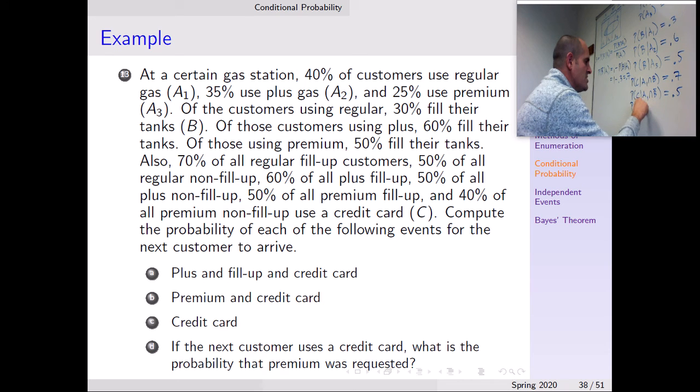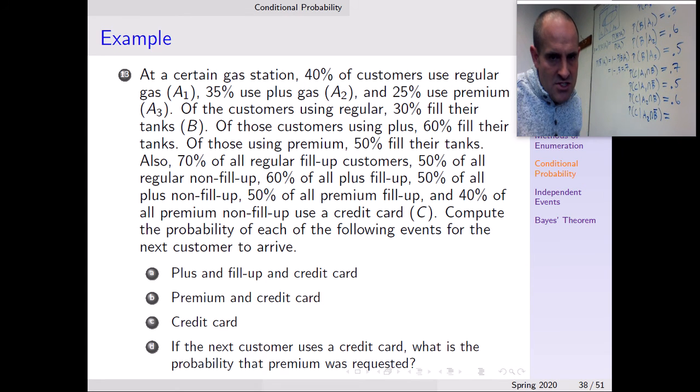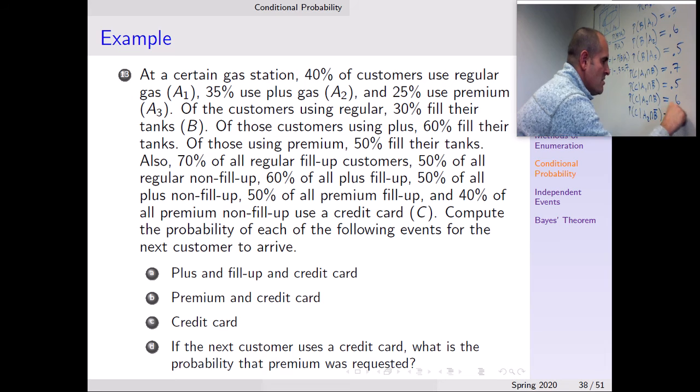Plus is A2, fill up is B. The probability of a credit card given A2 and B is 60%. The probability of C given A2 and B bar, plus not fill up, is 50%.